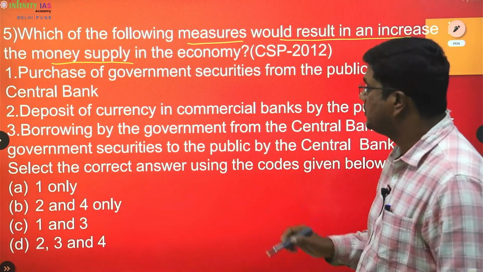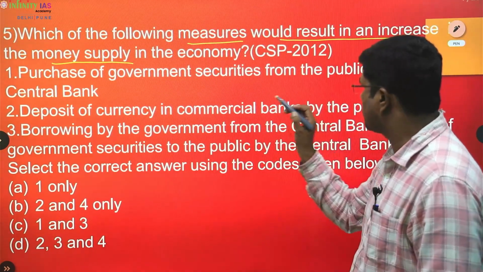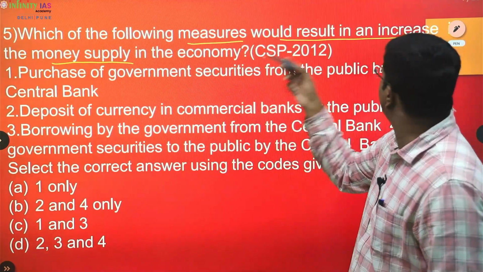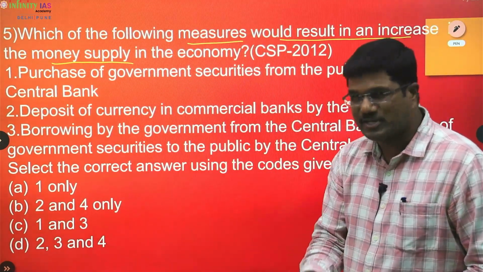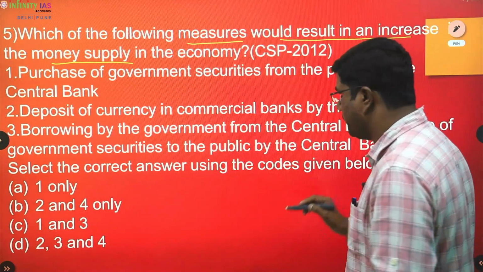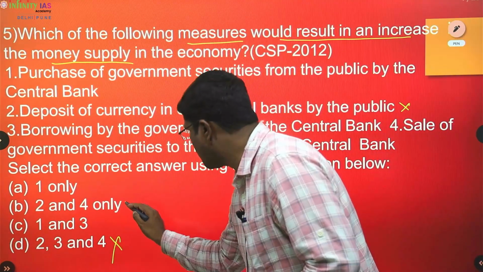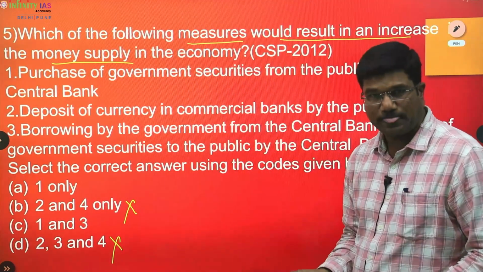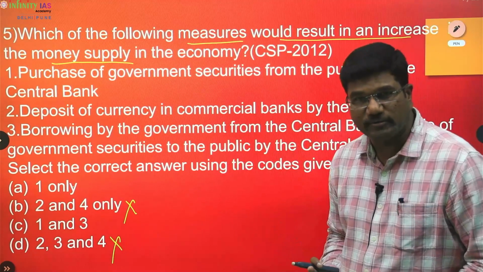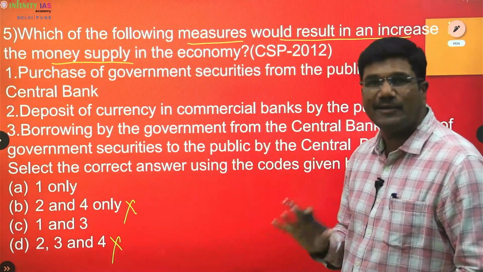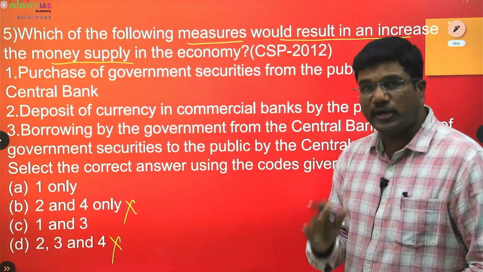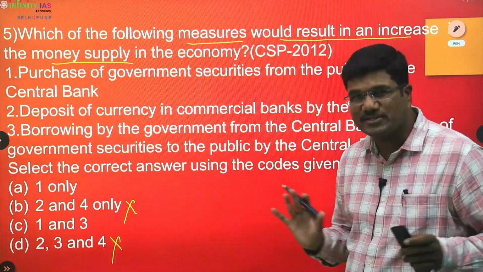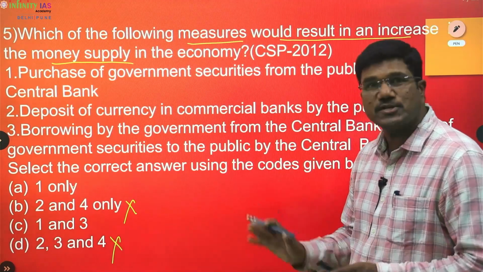No, it is not, because deposit of currency in commercial banks by the public would not increase the money supply, rather it will decrease the money supply. So the second option is eliminated here. You are left with option A and option C. Always go by the elimination method. Since this is an all India level examination, do not expect to be an expert of this subject. Just try to qualify the examination. Your answer should be correct.